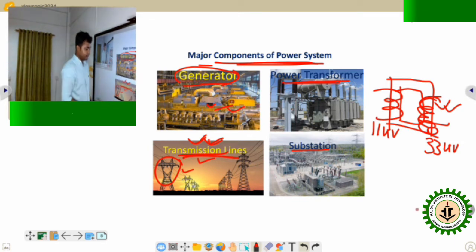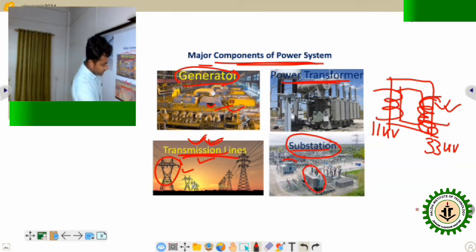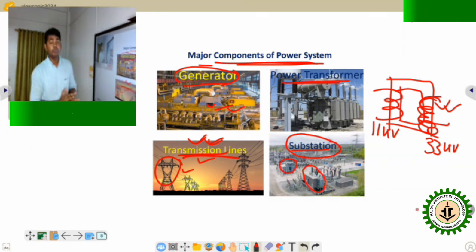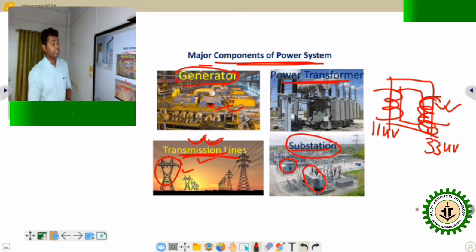Next part is the substation. This is a very important part in a power system, because in the substation you will see that there is a transformer, and this transformer is used to step up or step down the voltage according to our load requirement. And in the substation, not only the transformer is there, there are some protective devices also: circuit breaker, relay, etc. And the isolator is there.